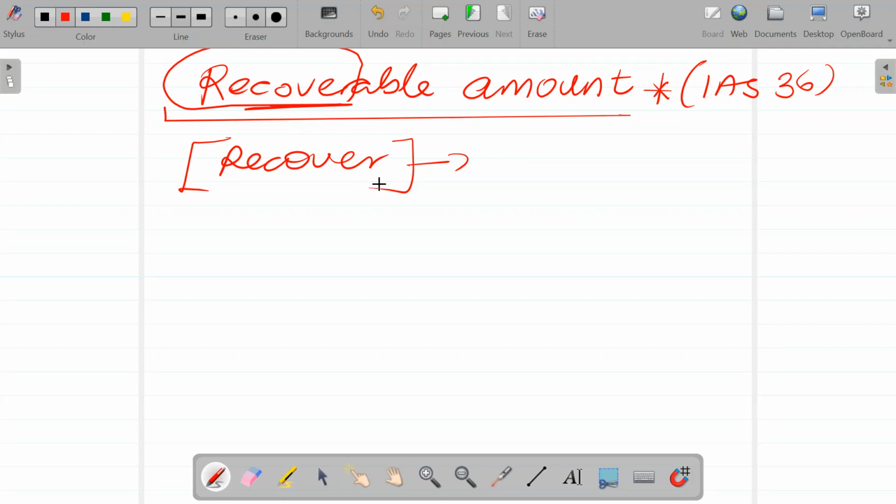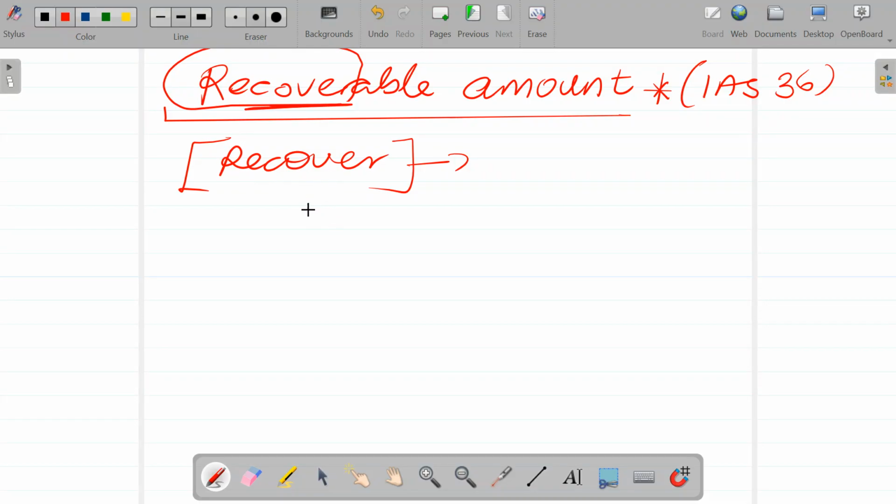So recover means what you can get out of something. So recoverable amount is the value we will get, or what we are going to get out of the asset in terms of value. So the recoverable amount is the value we'll get from the asset.